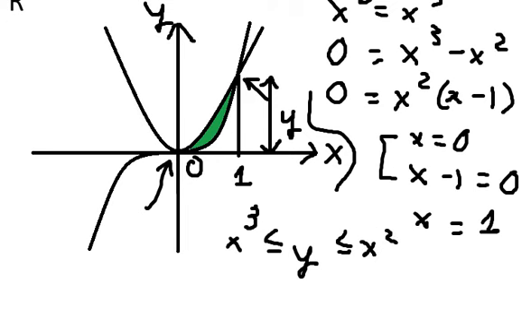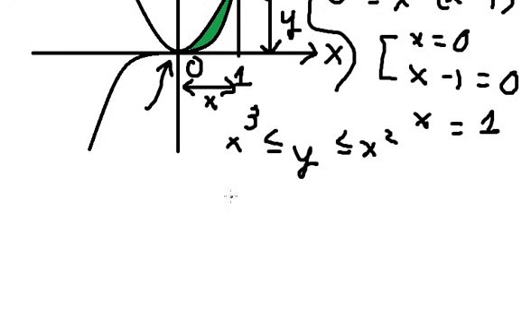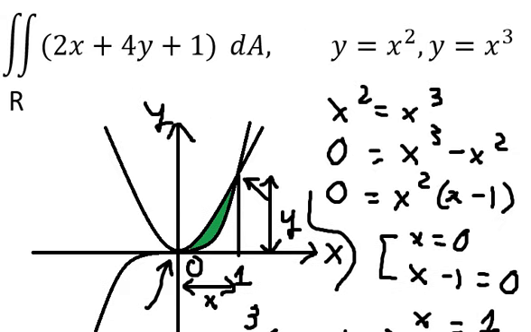About s, that should be from here. So s is between 0 and 1. So here is 0, here is 1. And now we have this one in here.